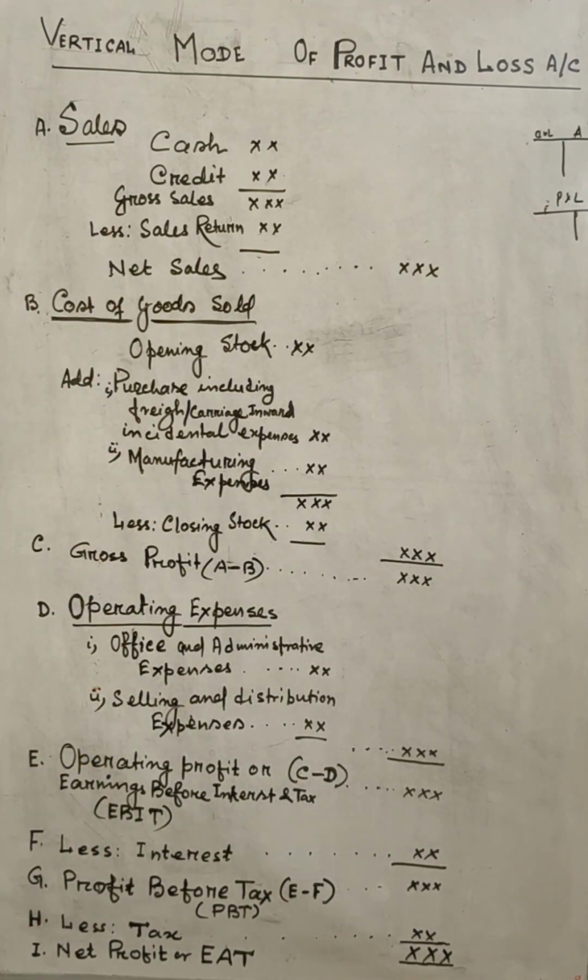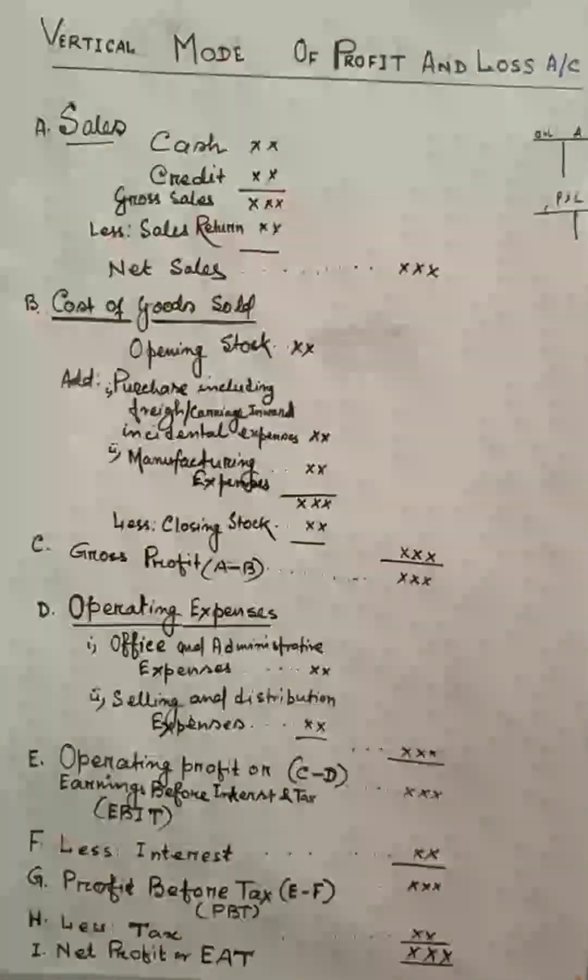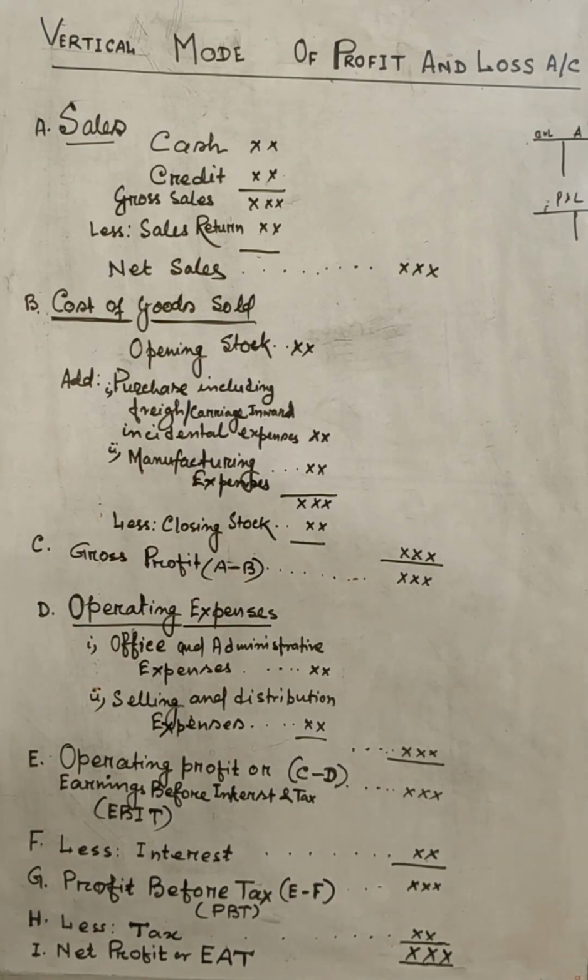Why is it required? Actually, the financial experts who analyze the financial statements have said it is better to present the data in this vertical mode, because generally the analysis is made for 5 years, 8 years, 10 years, even sometimes 15 years.